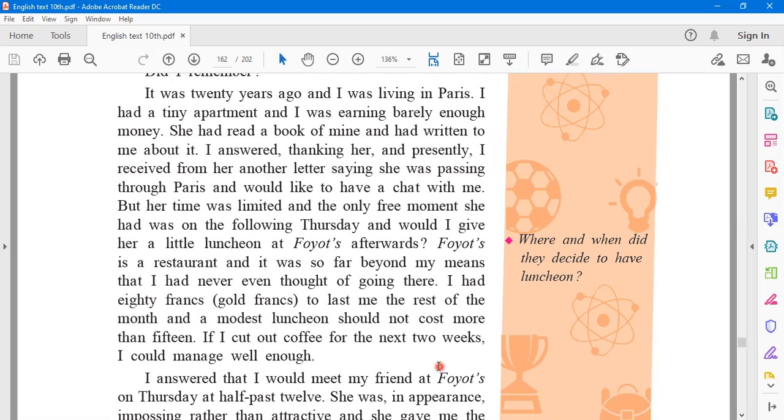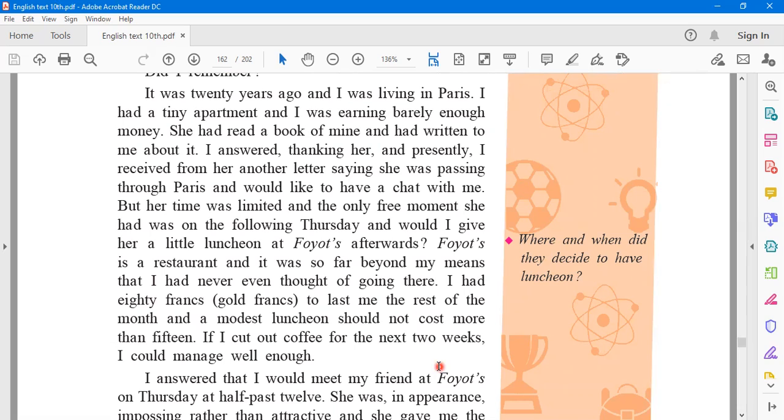So the author was a person who was barely earning some money, and that was sufficient only for his survival. He could lead a very simple lifestyle. But the very fact that this particular lady had praised him, written a letter to him, and was eager to meet him, and that flattery and the compliment that she had paid, made him anxious about not declining her invitation.